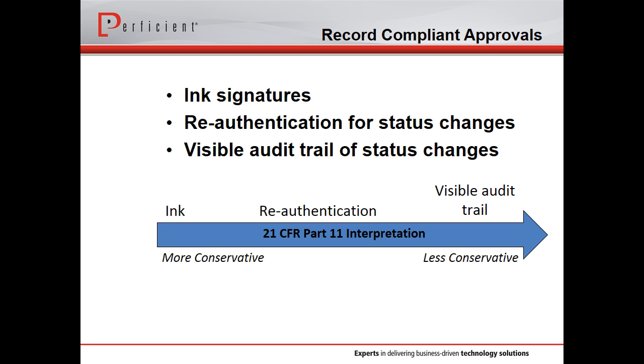The first one, which is the most conservative, is ink signatures. While you can still do the review and approval process and finalize that trip report directly in the system, some organizations choose to go down the very conservative route of still printing that report once it's final, having wet ink signatures on those printed reports, and then filing them away.